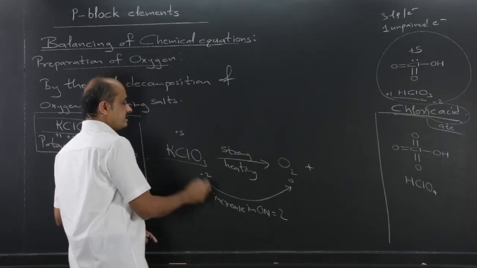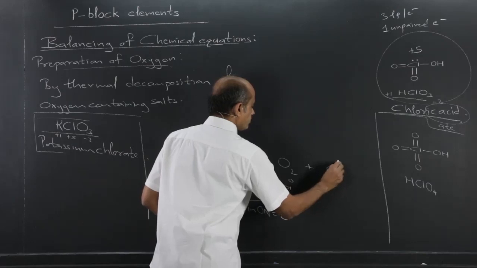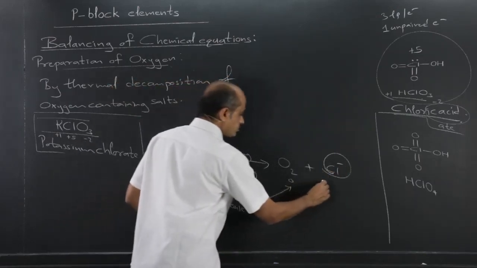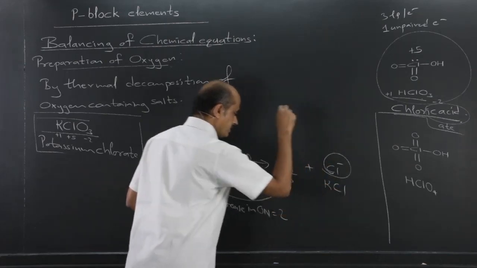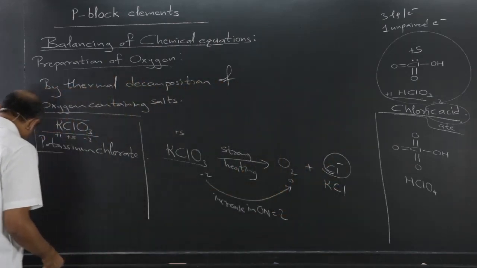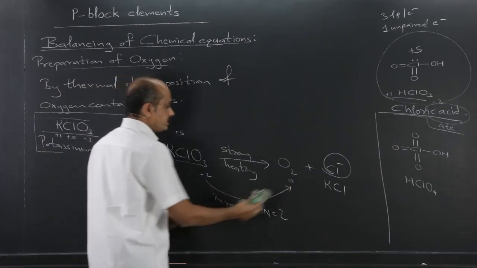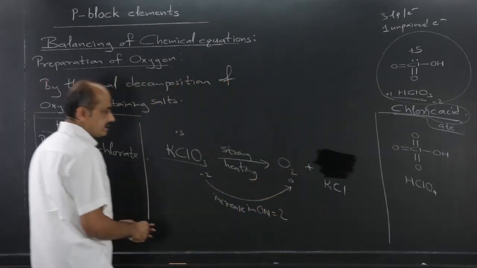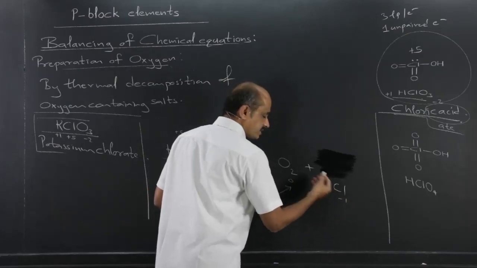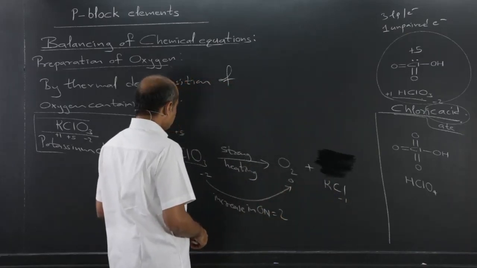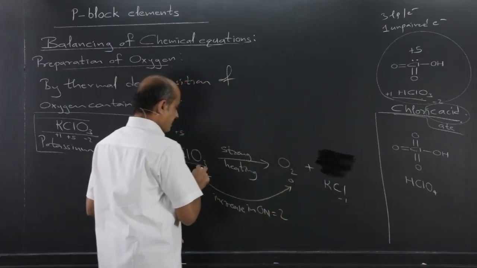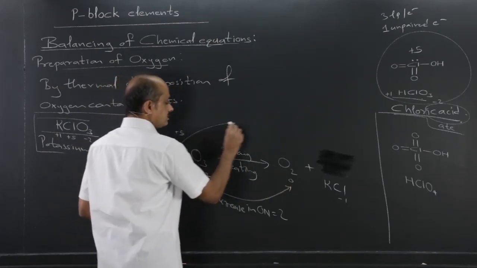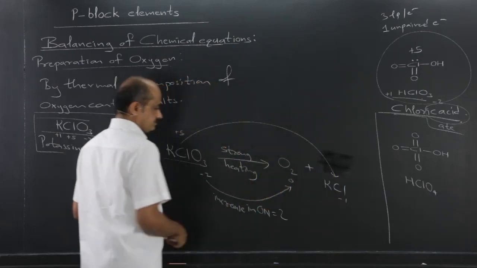Here chlorine plus 5 changes to chlorine minus 1, means chlorine plus 5 changes to KCl. So in KCl, chlorine is minus 1, potassium plus 1, that we know. So minus 2 oxygen changes to 0 and plus 5 chlorine changes to minus 1.